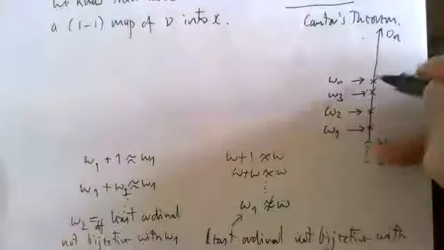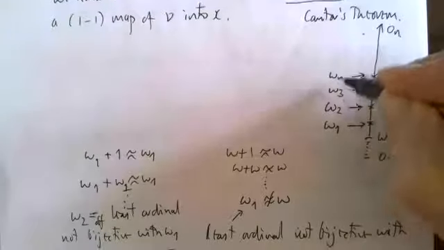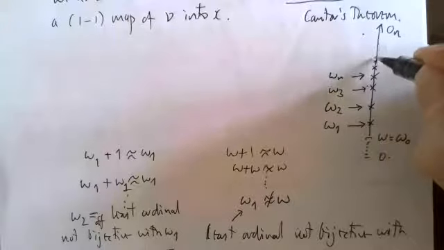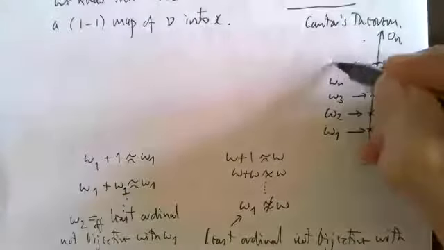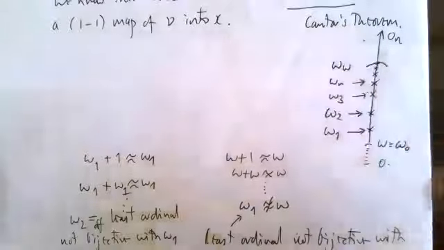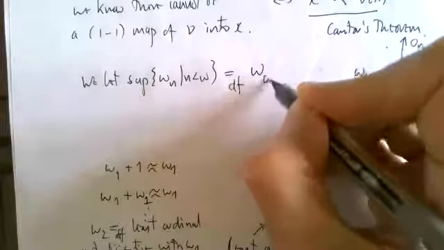And after we've enumerated all of these omega n's, we look at the supremum of the omega n's. We're going to call that omega sub omega. So we're going to define this to be omega sub omega.